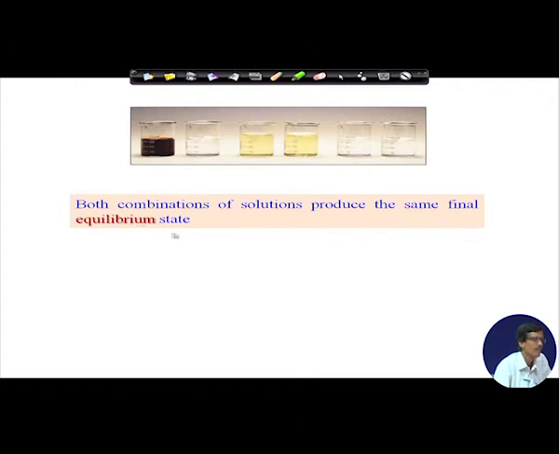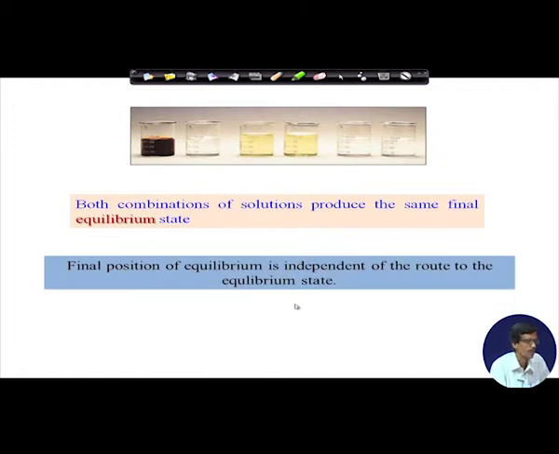At equilibrium, when we reach it from any of these sides, from left to right or right to left, both combinations of solutions produce the same final solution, that means the same final equilibrium state. We should be very careful in knowing how we are achieving this particular final condition.